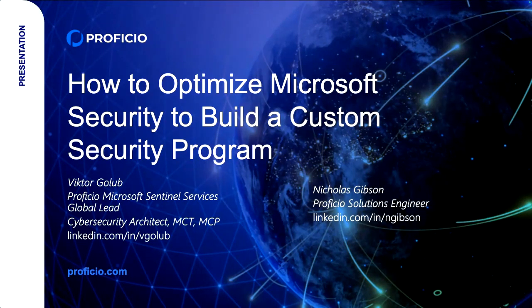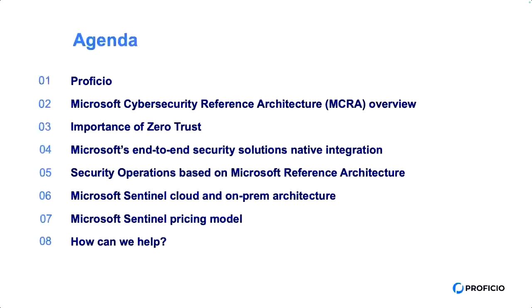So today we're going to talk about, actually, let me bring up the agenda slide. Today we will cover 8 main topics for this event. We will explain who we are and talk about Proficio. Then we will touch the topic of Microsoft cybersecurity reference architecture, just a brief overview.